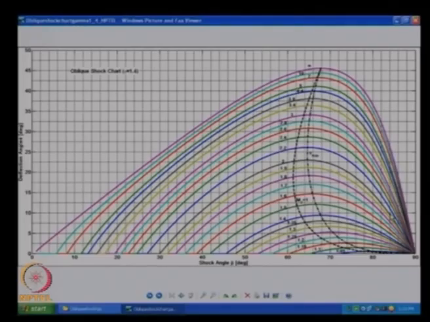Okay. I could have two different values like this. So which means I am going to have two different shocks. Okay. I could have a shock that is having a low shock angle or a very high shock angle.